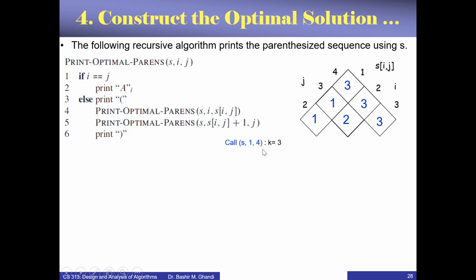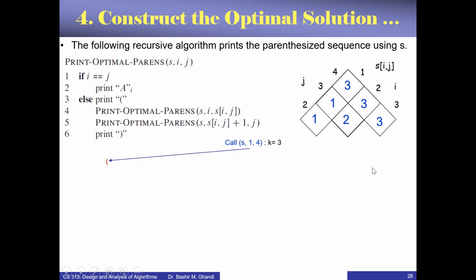That's the meaning of k. If we make a call with these values, i is not equal to j, so it will not do the if part. It will go to the else part. In the else part, there are 4 statements involved, so if you are drawing a recursive tree, normally you will draw a branch for each of the 4 statements.